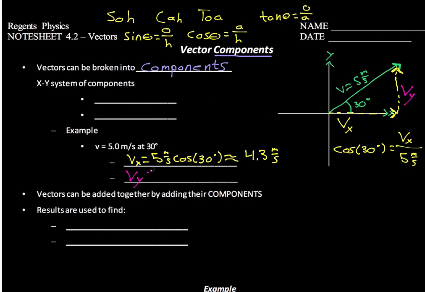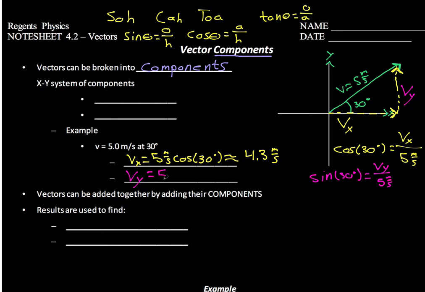So v sub y, right, is going to be something similar to what we did for our x. So now my v sub y is the opposite side, not the adjacent. So I want to match up opposite, hypotenuse, and angle. And so it looks like sine is going to work really well for us there. So sine of my angle, 30 degrees, equals my opposite side, which is v sub y, the thing I'm looking for, over my hypotenuse, 5 meters per second.